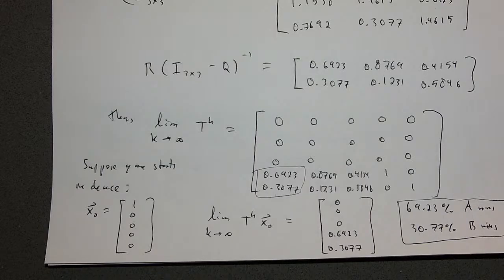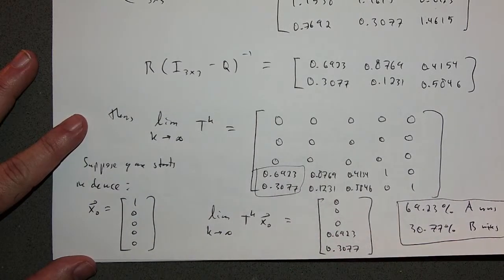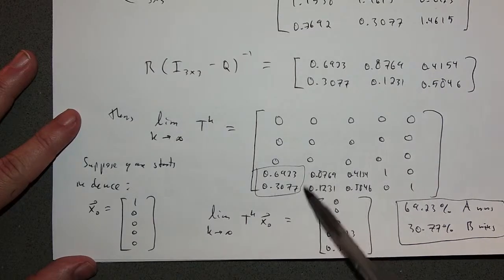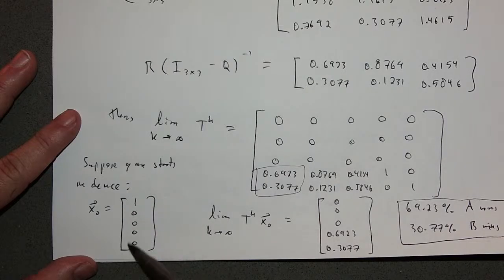Okay. So you might say that multiplying by this initial vector is just extracting this first column. That's exactly what's happening. But notice right here, what do these numbers then mean? What if I had started in my initial state 0, 1, 0, 0, 0?